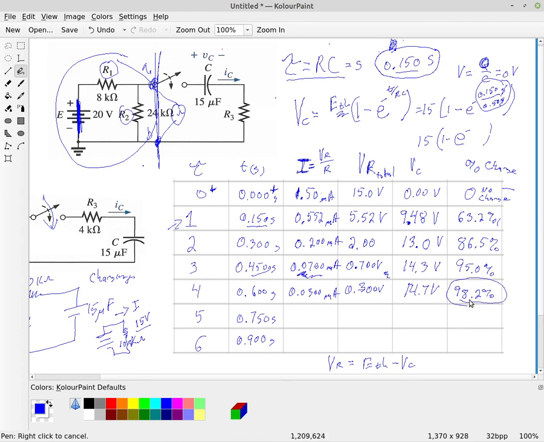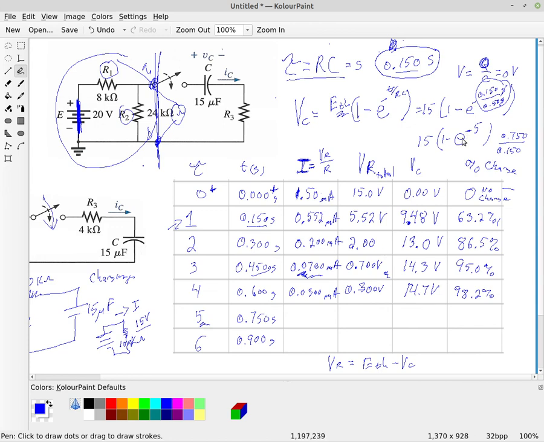Some books call that full charge, but most books go all the way up to the fifth one. So at the fifth one, this is going to be 1 minus e to the -5 up here, because it's 0.750 divided by 0.150, and that gives us again that nice integer value.